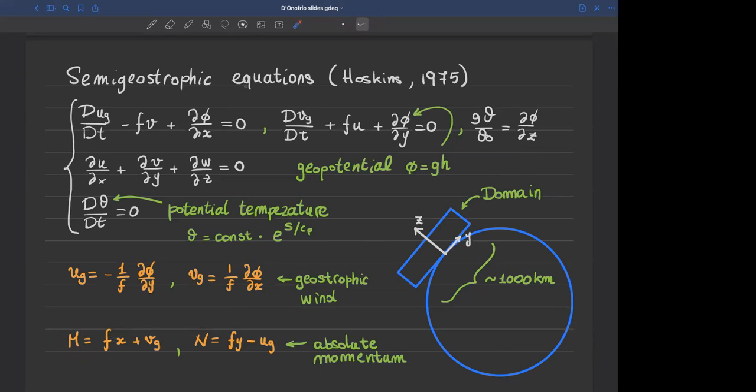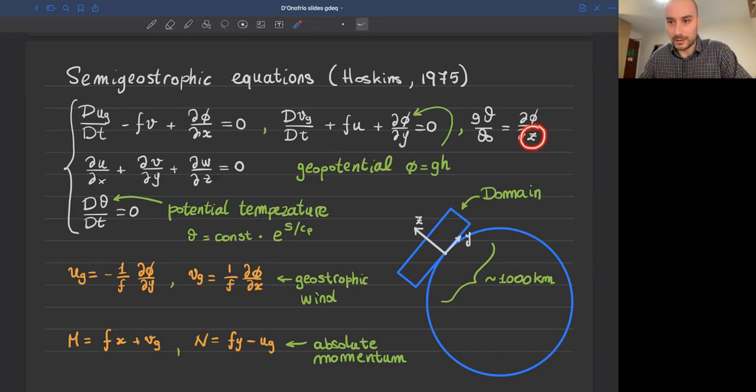Because here Z is just the spatial variable in your picture. Yes, this is indeed one of the independent variables.